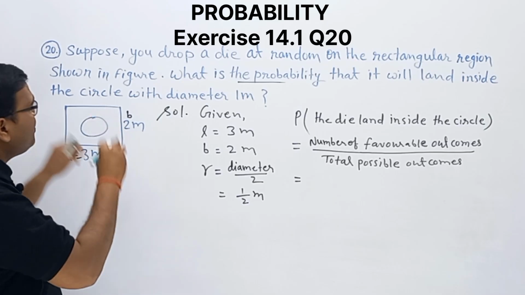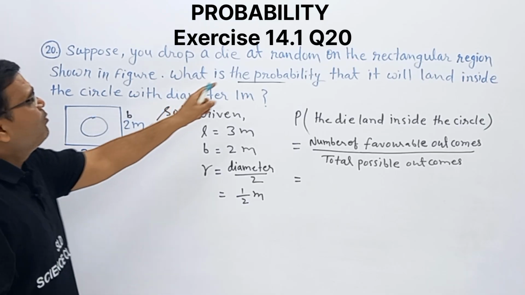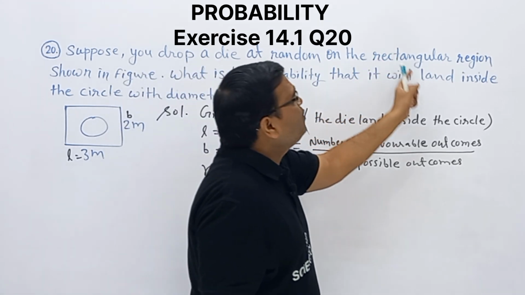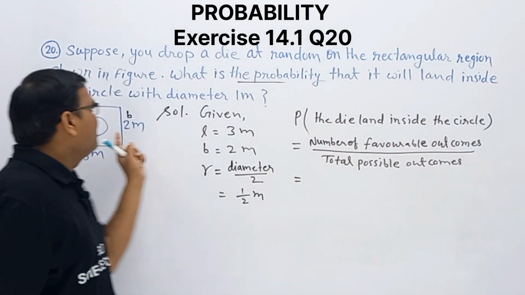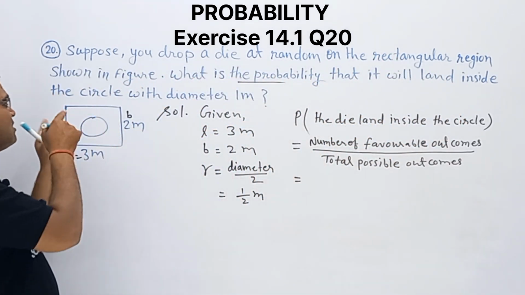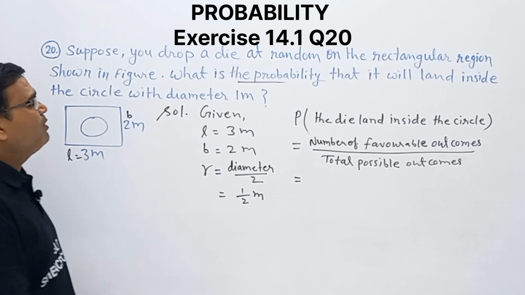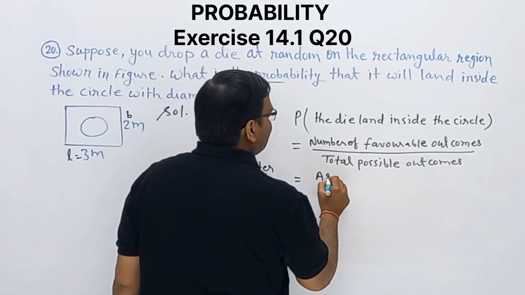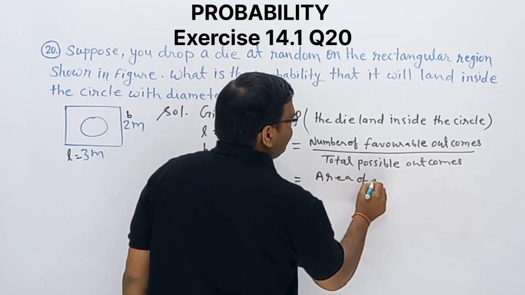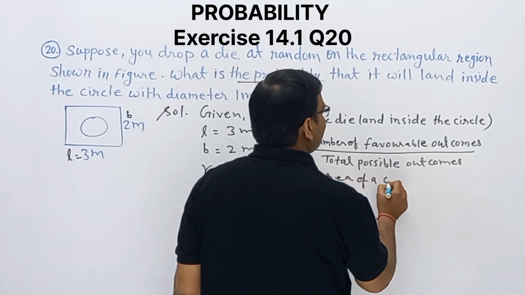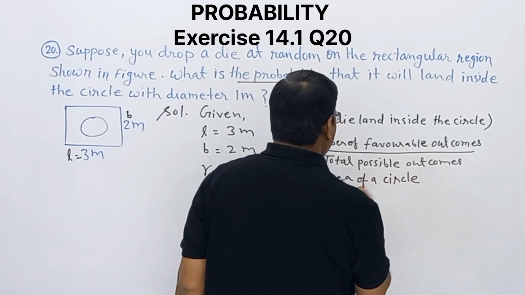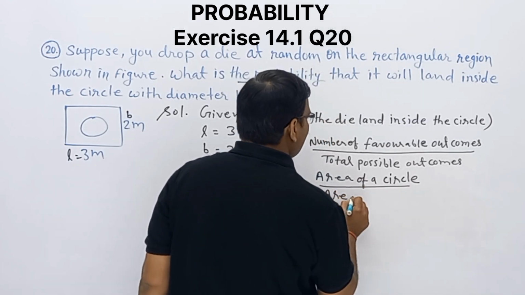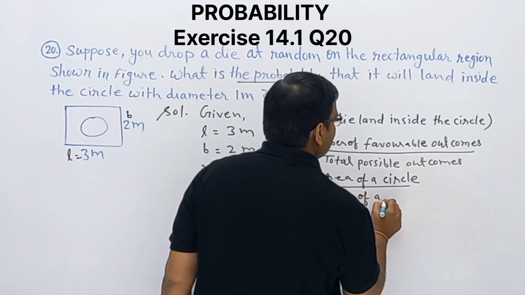Because we want the probability of the die landing inside the circle. So the probability is the area of a circle divided by the area of total possible outcomes, the area of a rectangle.